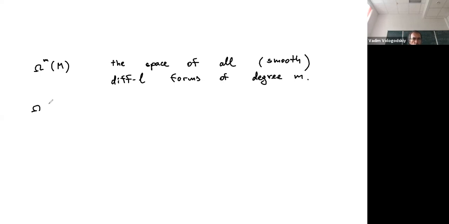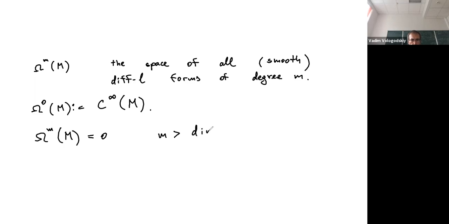If m is 0, the zeroth exterior power is declared to be R, so by definition these will be just functions. Notice that Omega m is 0 when m is greater than the dimension of M, because the exterior power of an n-dimensional vector space is equal to 0 in degrees greater than n.